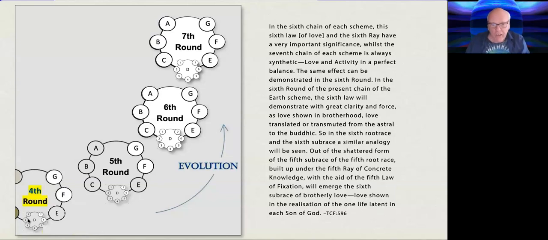There are 6 other planets that are associated with this fourth round that are more etheric versions, that we will be, 3 we pass through and 3 we will pass into, right?